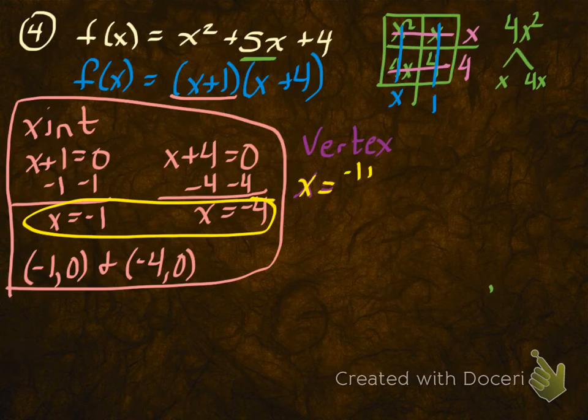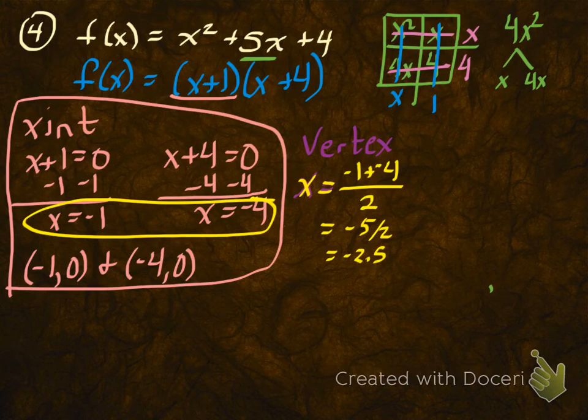So negative 1 plus a negative 4 divided by 2. This time we ended up with a negative 5 divided by 2, which is negative 2.5. And go ahead and change it to decimal or leave it as a fraction, it's up to you.